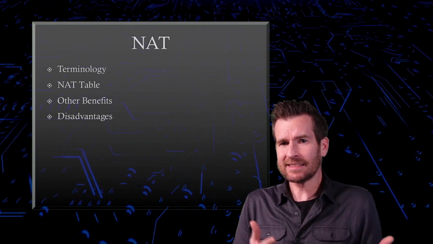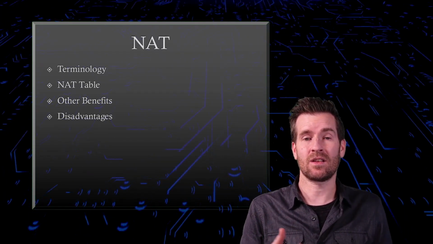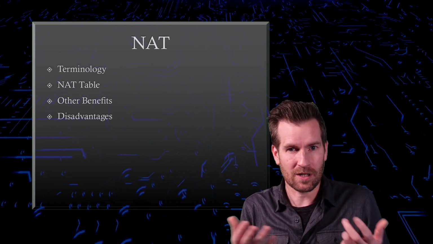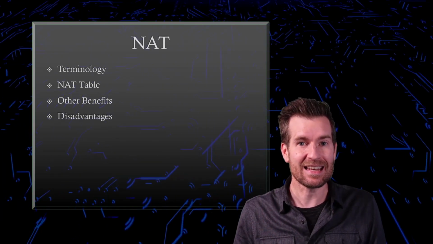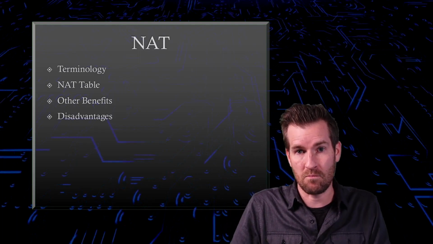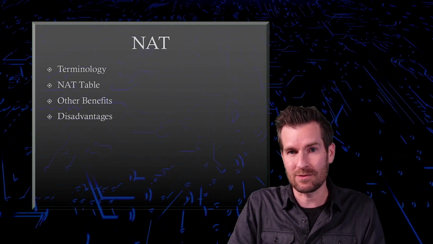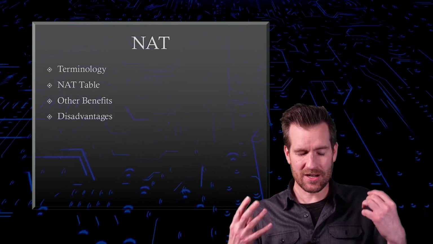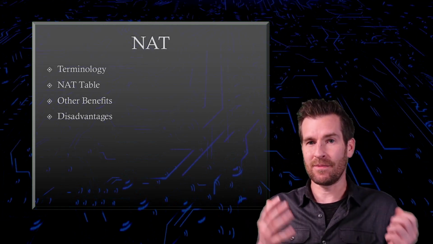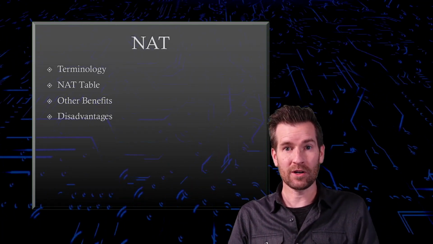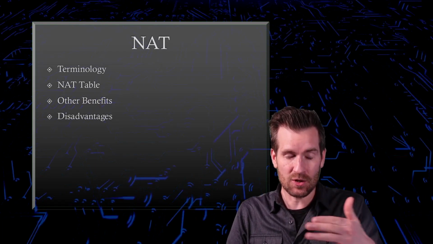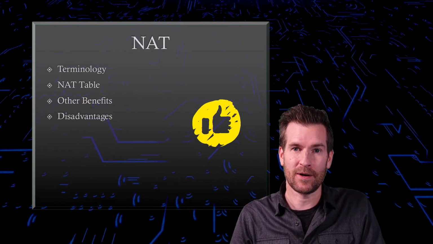And then we also talked about some of the disadvantages, things like tunneling protocols making things more complicated, or how you get traffic back into your network, which can be a little more complicated as well. So network address translation's really cool, and there are some advantages and disadvantages, and we're going to get more in depth into network address translation throughout the rest of this module.